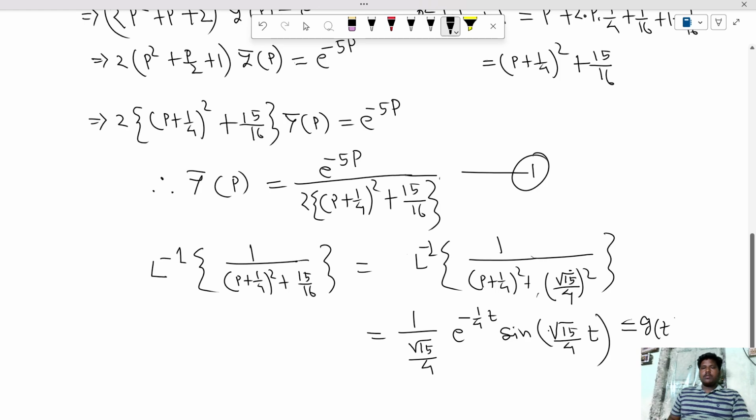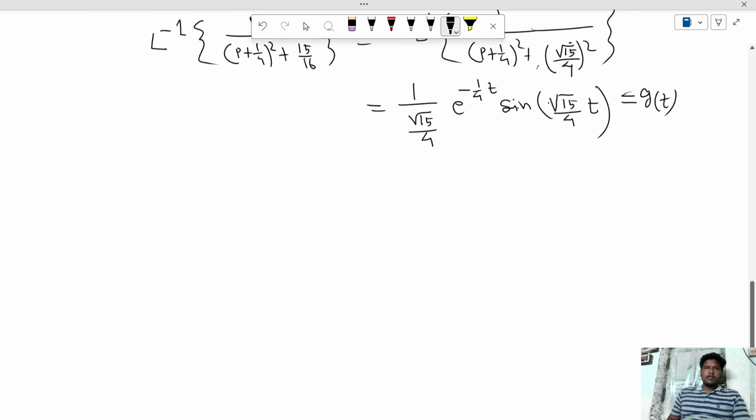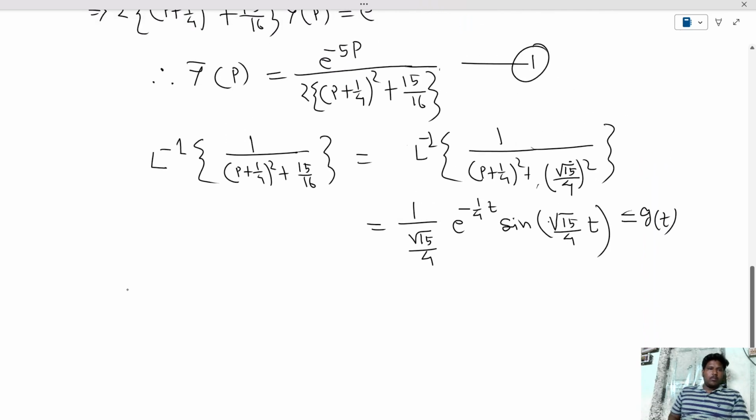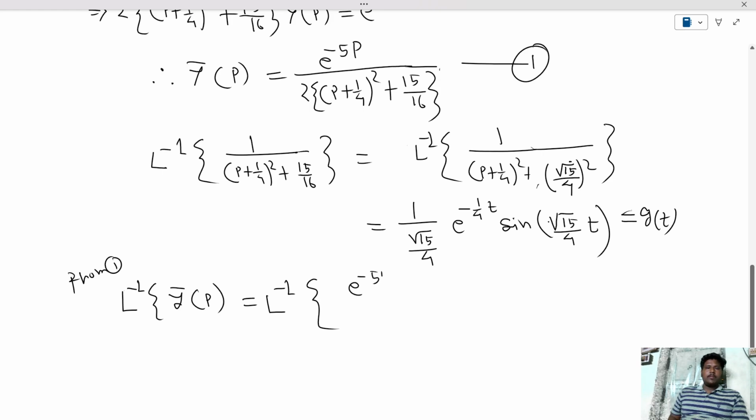Okay, so from 1, हम लोग को क्या मिलेगा? So y bar p. So अगर Laplace inverse हम both side में लेंगे, so from 1, Laplace inverse y bar p is nothing but Laplace inverse of e to the power minus 5p by 2 into p plus of 1 by 4 whole square plus root 15 by 4 whole square.